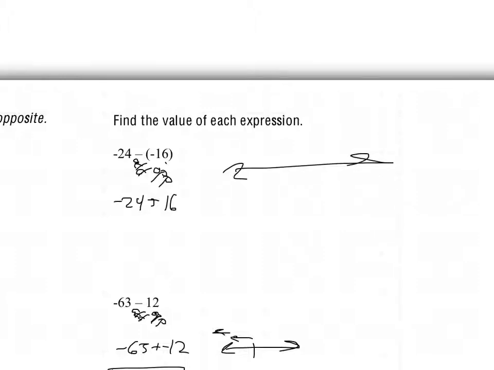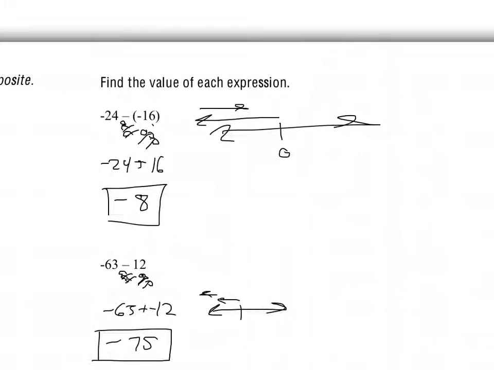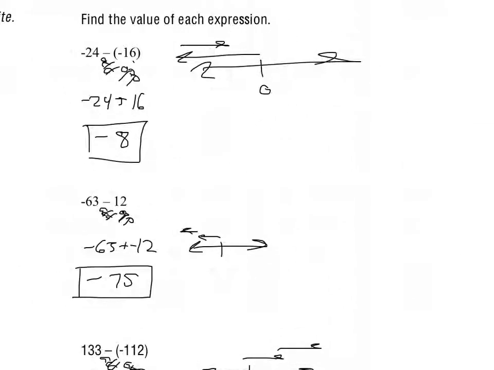The arrow diagram puts us at negative plus a positive, but not enough to get back to 0. So we end up with a negative value, subtract the two values, and that's going to give me negative 8. Moving down to the next one, add the opposite, becomes negative 63 plus negative 12. Two arrows in the negative direction gives me negative 75.